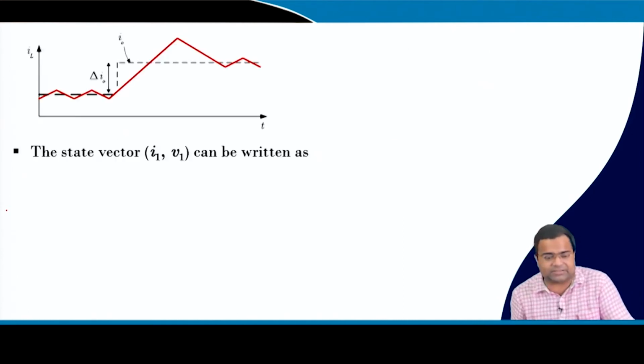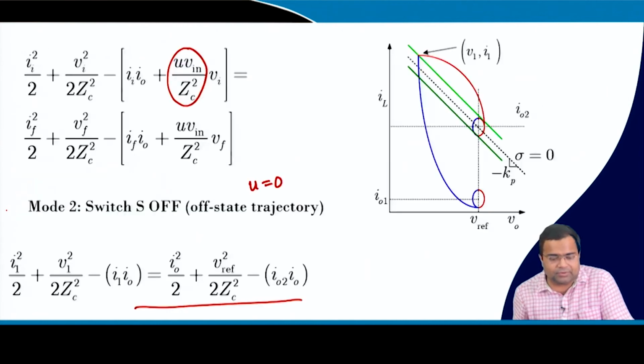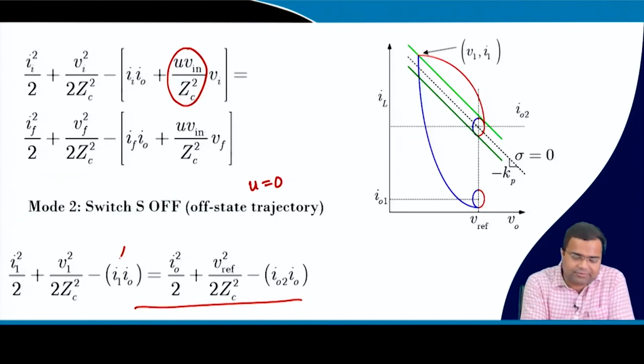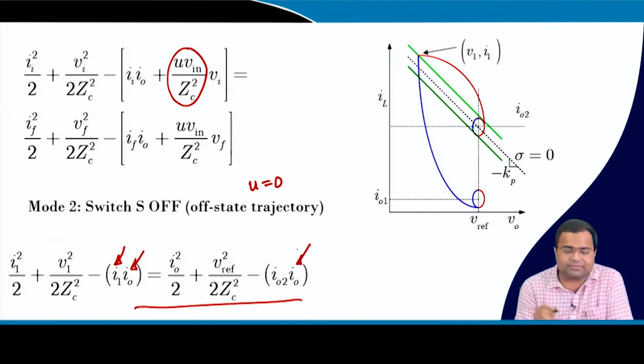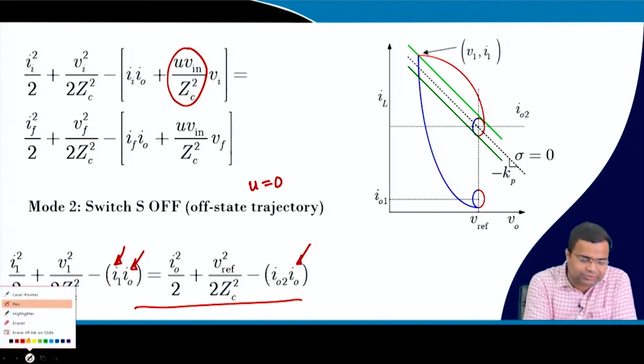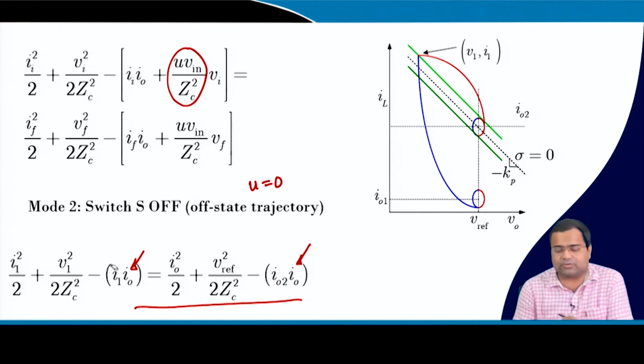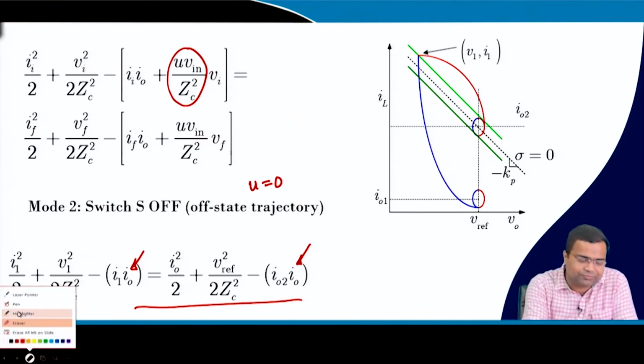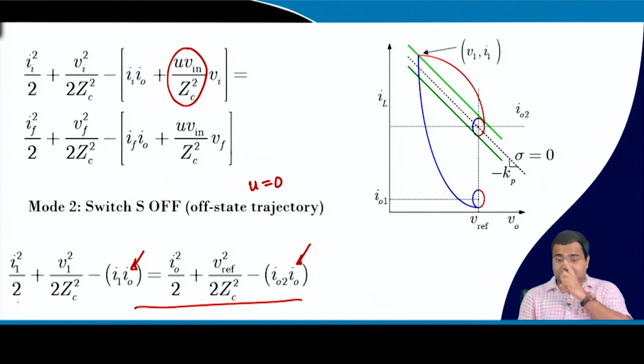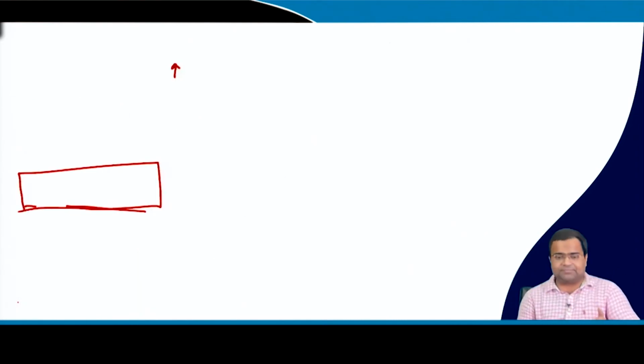So, in our expression, if you go back, here you have this I0. So, this I0 is the instantaneous load current. So, this instantaneous load current we are putting I01 plus delta I0, and I02 is the final current which is also I01 plus delta I0, but I01 is the initial current.